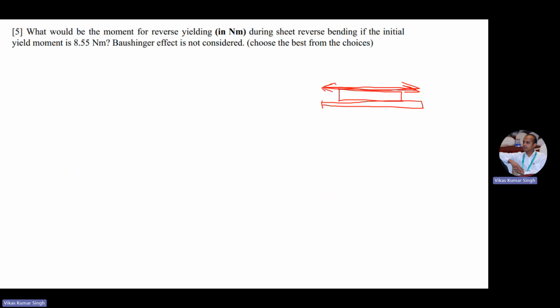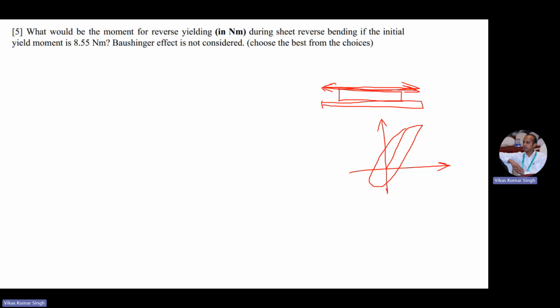So this is kind of shear reversal, and the Bauschinger effect is when you are loading the material in tension, and after some time you unload it, and then you come back. So this will go in a loop, something like this. This is nothing but some hysteresis loss. So the reverse Bauschinger effect is, if you are loading and unloading and again loading, how the stress strain curve will change. This is related to that.